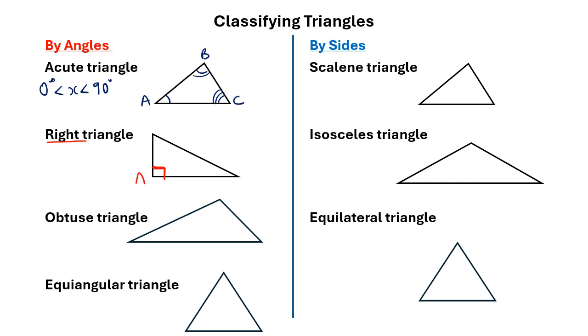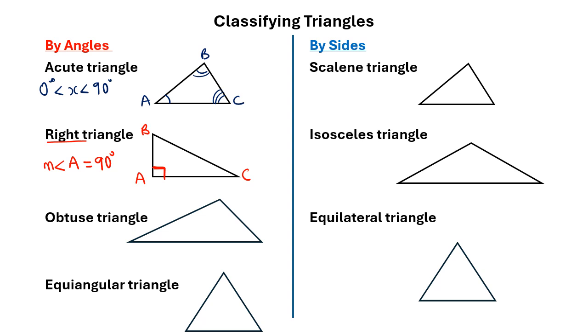Let's name that triangle ABC, and we can see that one of the angles is 90 degrees. So the measure of angle A is equal to 90 degrees exactly. So a right triangle has one of its angles equal to 90 degrees.